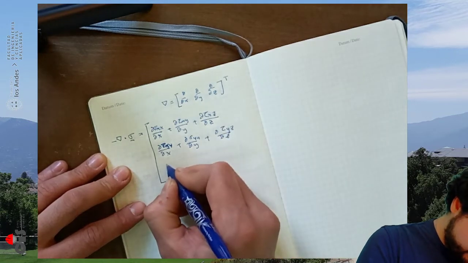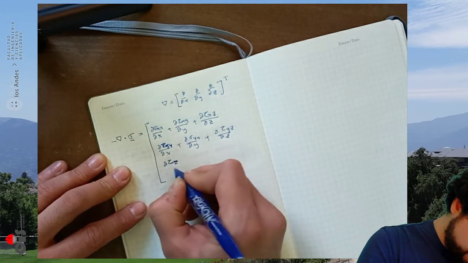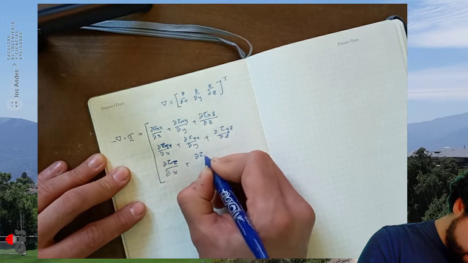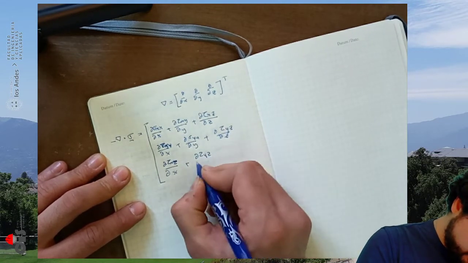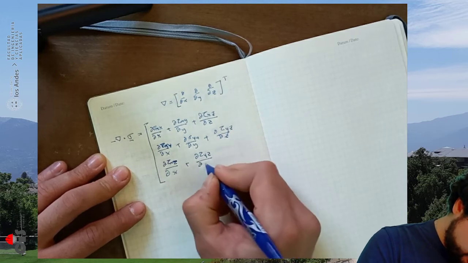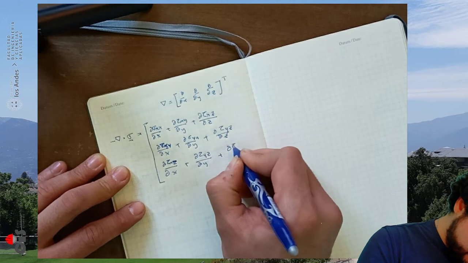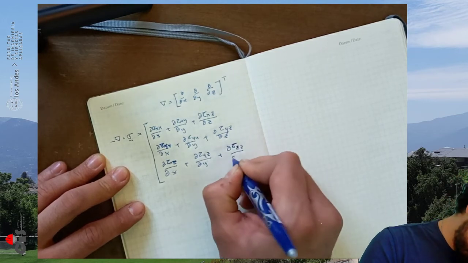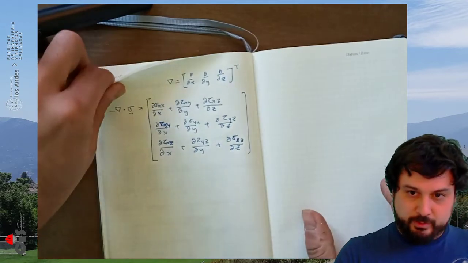And let's have it for completeness, d tau xz over dx plus d tau yz over dy plus d sigma zz over dz.